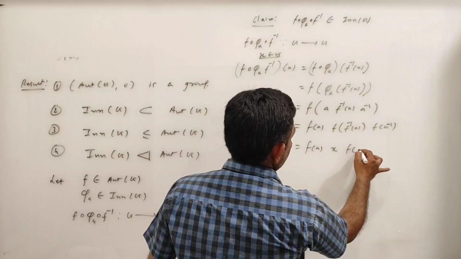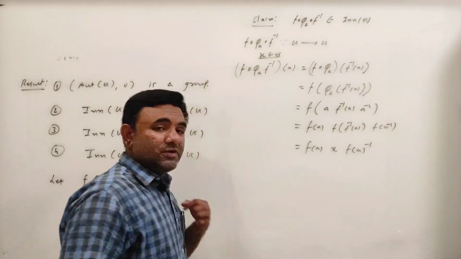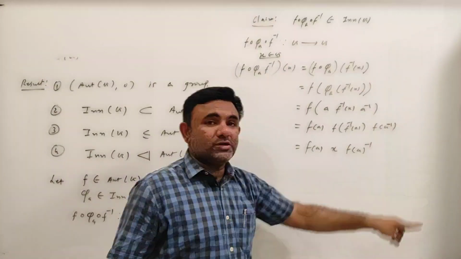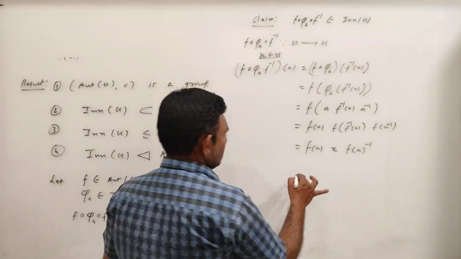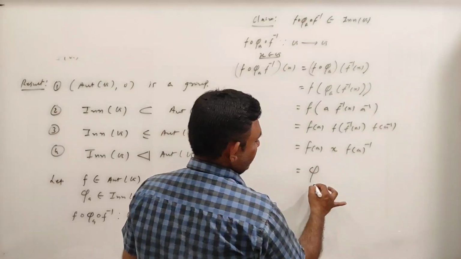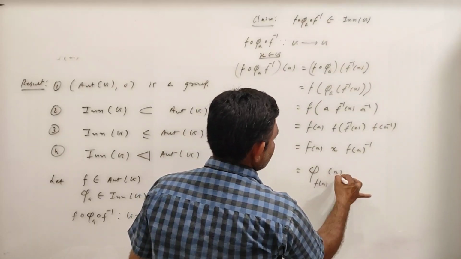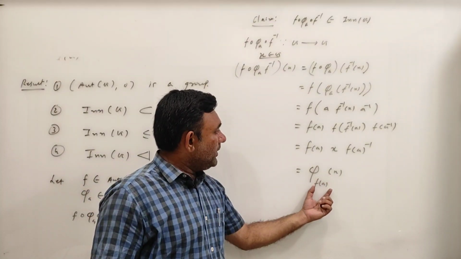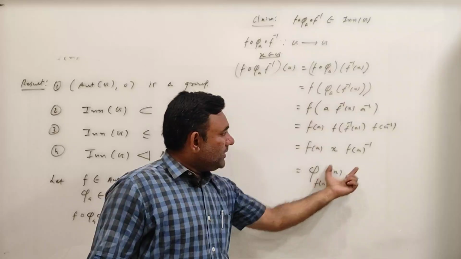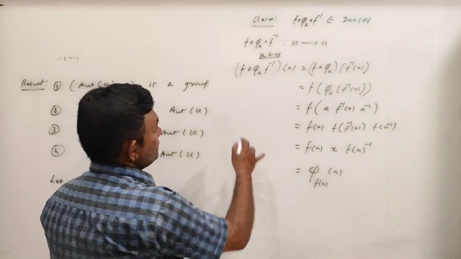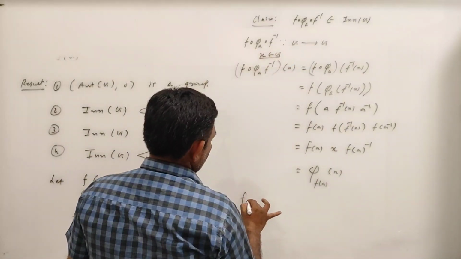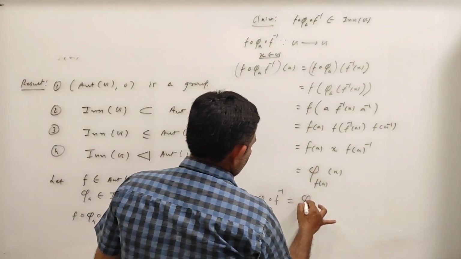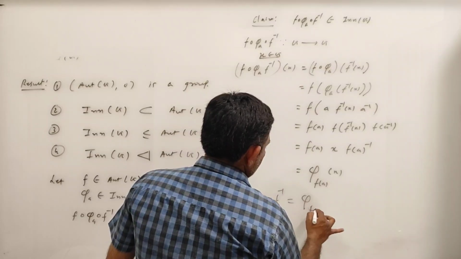And it is f a inverse, but because f is an isomorphism, you can take the minus sign outside the bracket. So I can write it as phi of f of a at x, that is f a, x, f a inverse. This is true for every x in G. So what I have proved is f of phi a of f inverse is phi of f a.